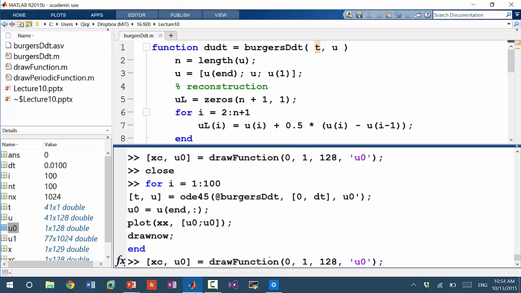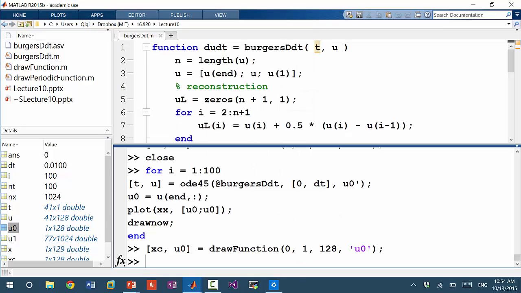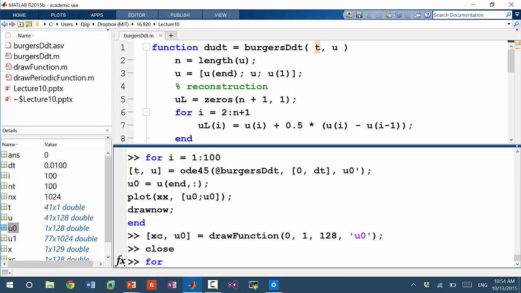I think I'm close to done, but let's do something quick. I'm also drawing this solution here, and let's do it for a little bit further time, 1,000.